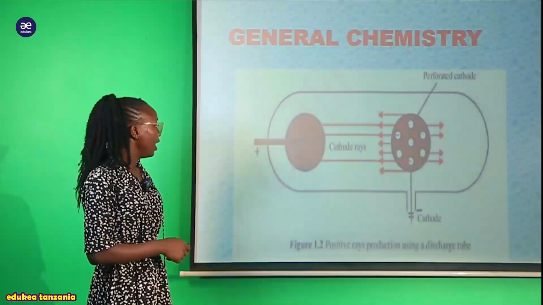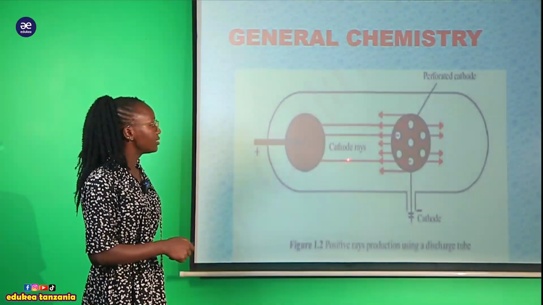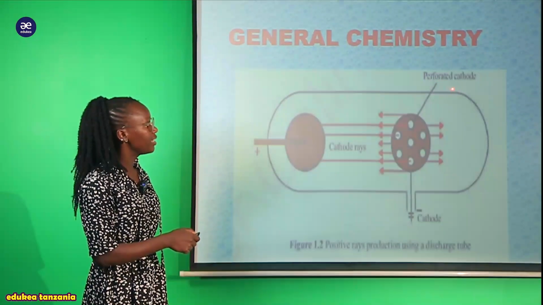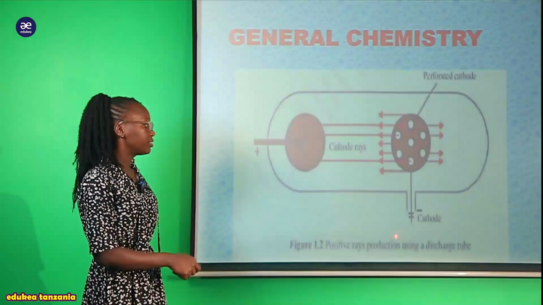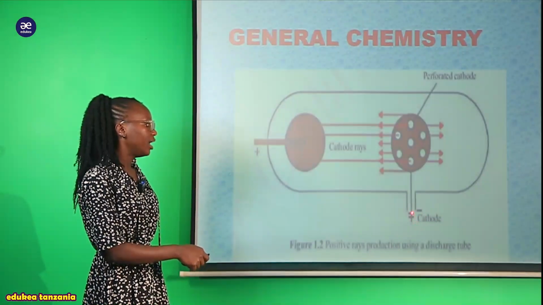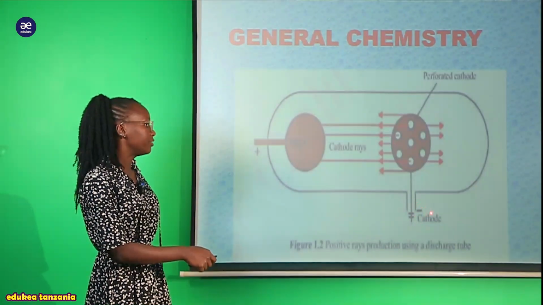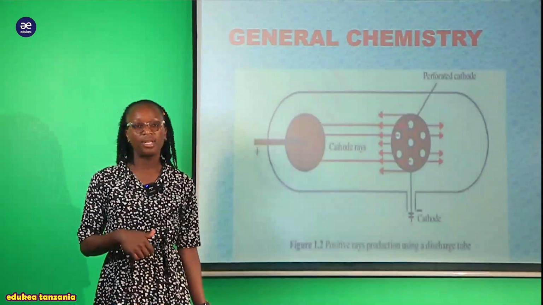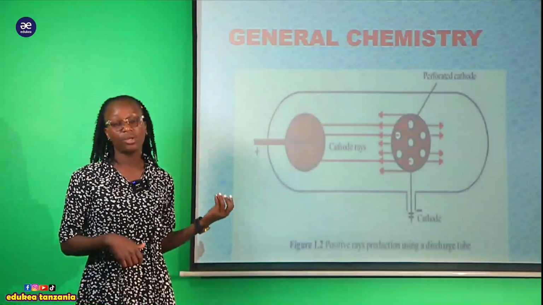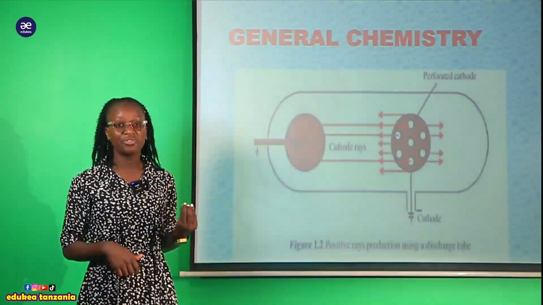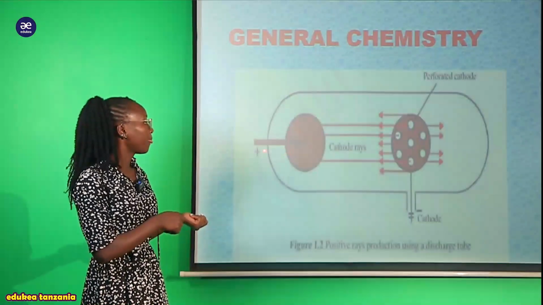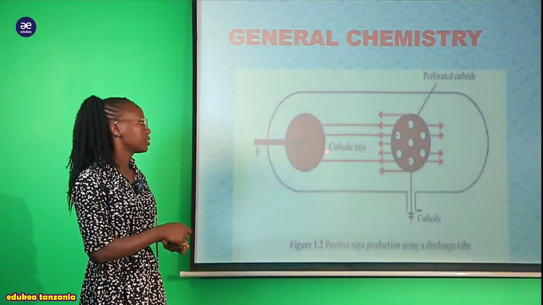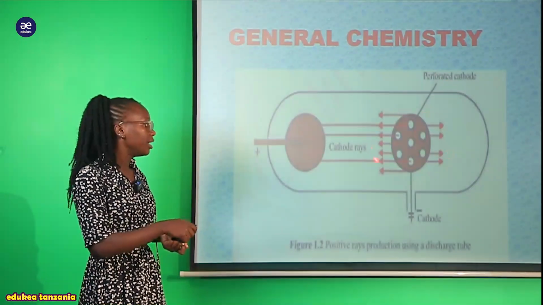As you see, this is the cathode, lakini this is the perforated cathode, lakini as you see here we have cathode ambayo here we have this negative charge, lakini huku tuna positive rays. Kwa hiyo in discharge tube ambayo ilikuwa inajaribu kudemonstrate the production of these positive rays, you see these rays, these are positive rays au the protons. Na hii hapa ni perforated cathode.